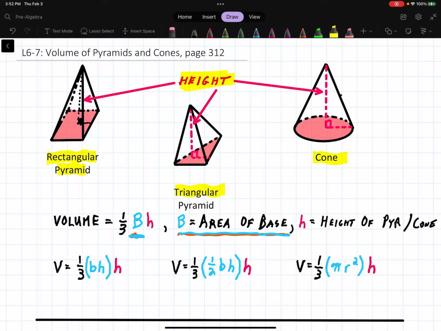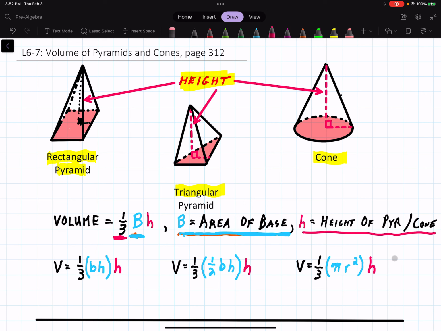The height of the pyramid is measured from the point of the pyramid and or cone, and you make a perpendicular line down to the base, and that is the height of your cone or pyramid. So you take that area of the base, multiply it times the height of your pyramid or cone, and you still have to multiply it times 1/3.